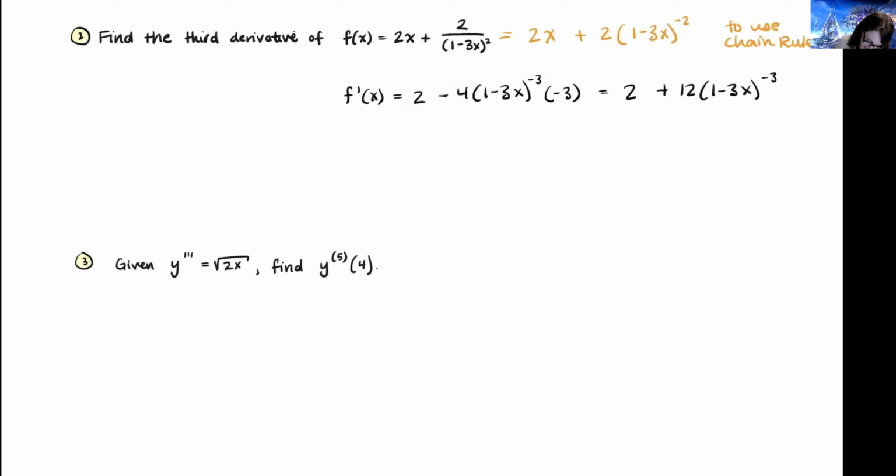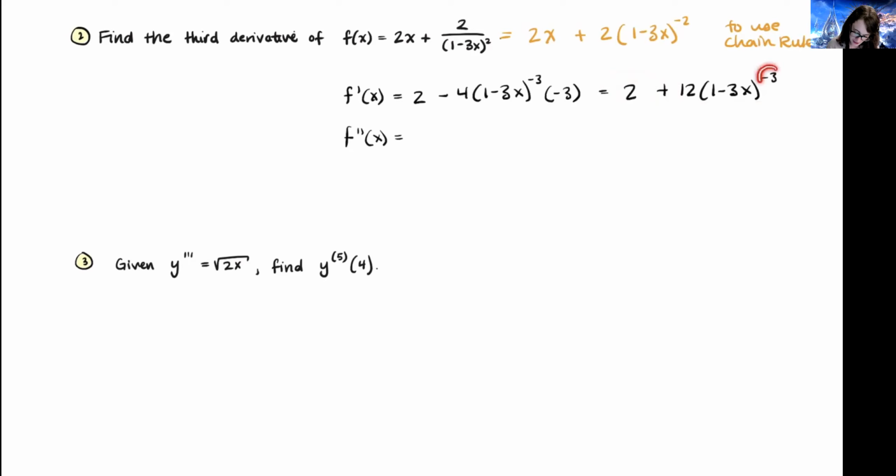So the second derivative will be found by finding the derivative of the first derivative. I've said derivative so many times in this video already. So let's see, we've got the derivative of 2, that is 0. Then here, when we differentiate that, we can use the chain rule again, or the general power rule.